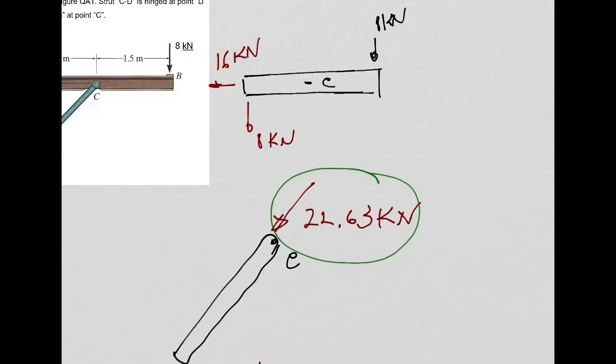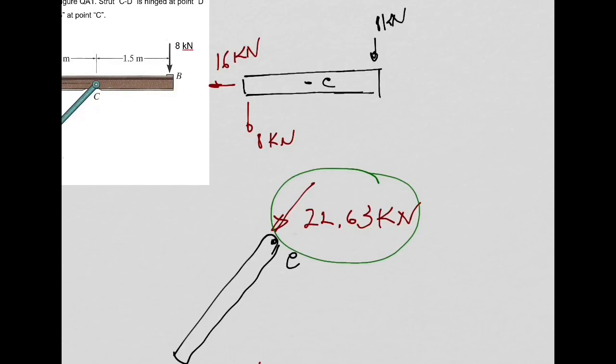It's like, for example, if I come to this point here and push this column with a force, so in this column, at this point, it will have a force of 22.63, right? But if I do that, my hand will not move, right? It's in equilibrium. So it means what? This column is reacting to my hand with the same force in the opposite direction. You agree? So this is Newton's third law.